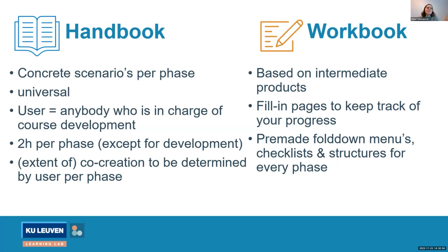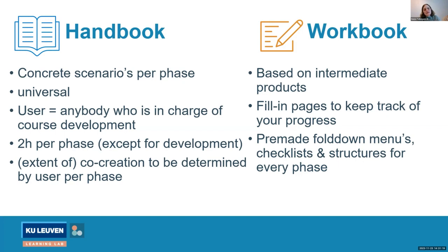So the idea of the handbook is really to guide the user through the steps and give them ideas on how to tackle them, and also who to involve in each step, because it's a co-creation framework, and co-creation is really a central part of our framework. For every step we give tips on who should be involved.